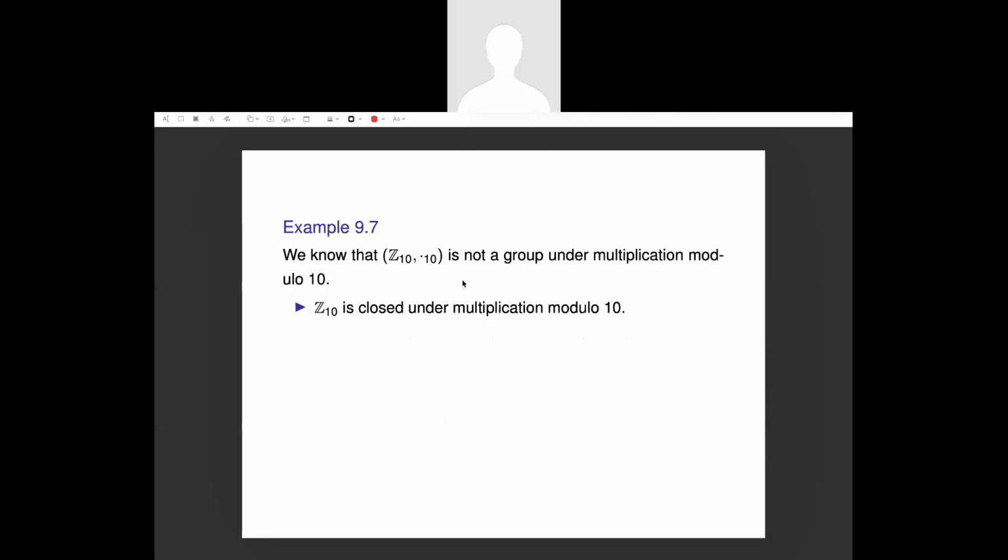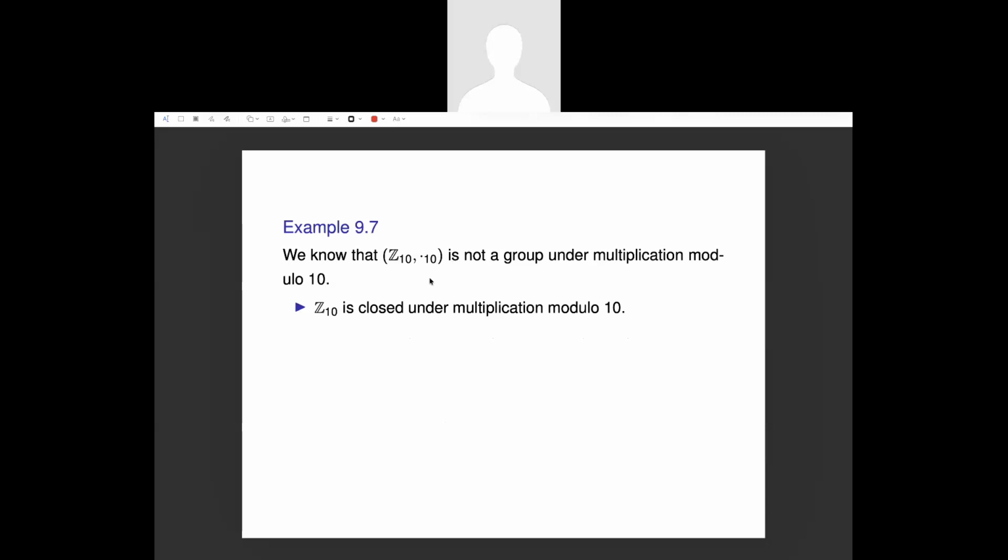Okay, now Z10 under multiplication modulo 10 is not a group. Why? Because the elements of Z10 are 0, 1, 2, and so on, and the inverse of 0 does not exist here.